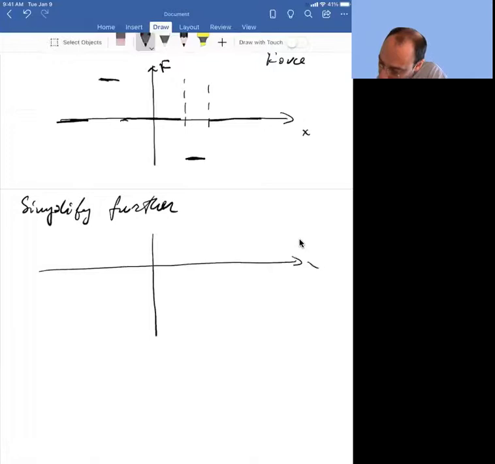So I can construct a potential energy landscape that looks like this. It's basically 0, and then it's negative, and then it's 0 again.